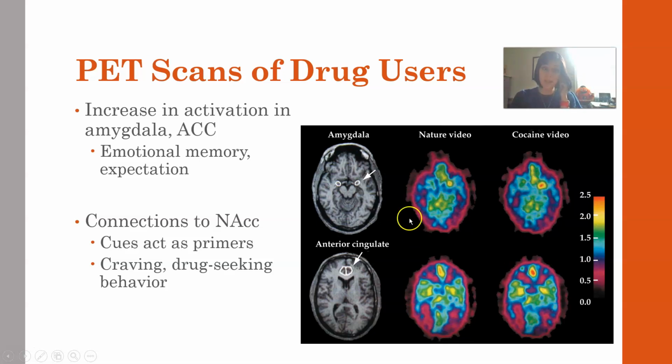Both of those are related to emotional memories as well as expectations that those drugs are going to arrive. We start to see the rise in craving. Both of these areas have connections to the nucleus accumbens and these drug cues.